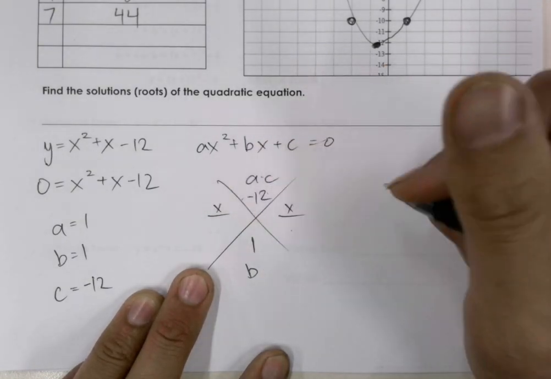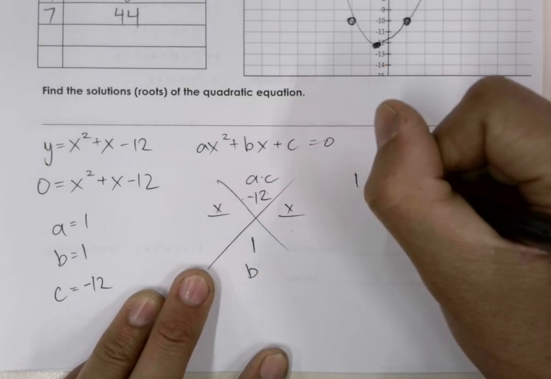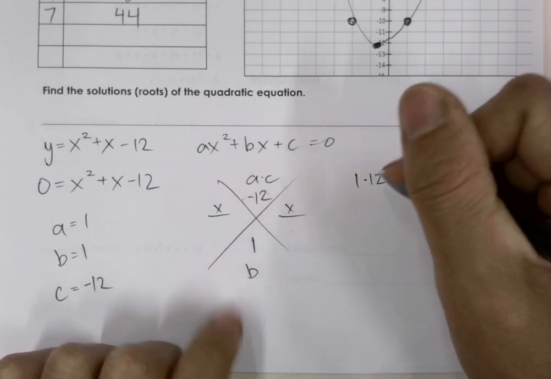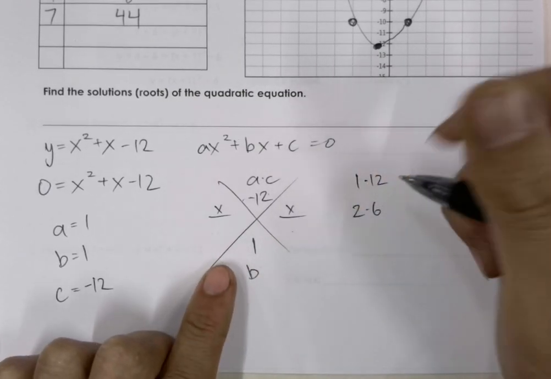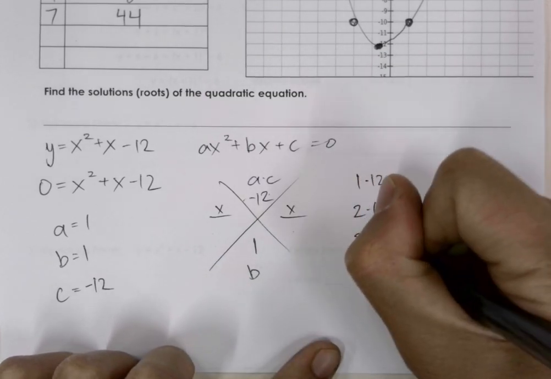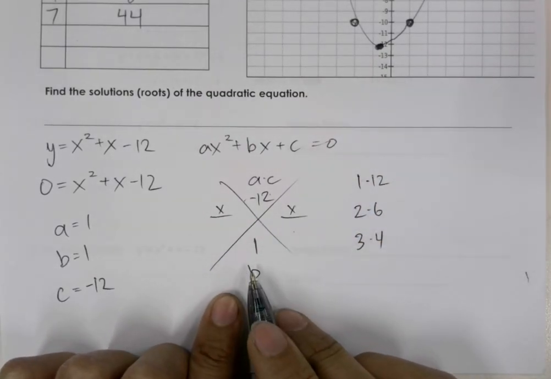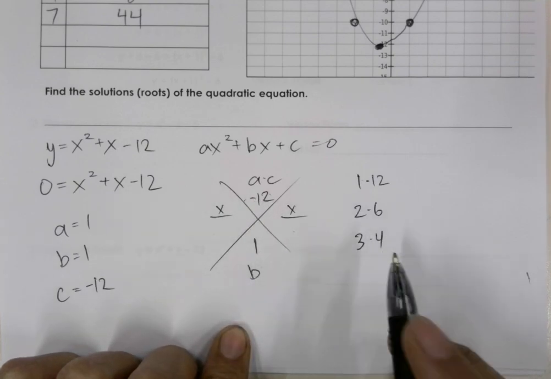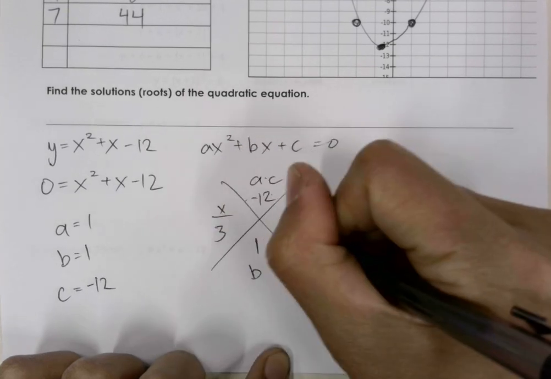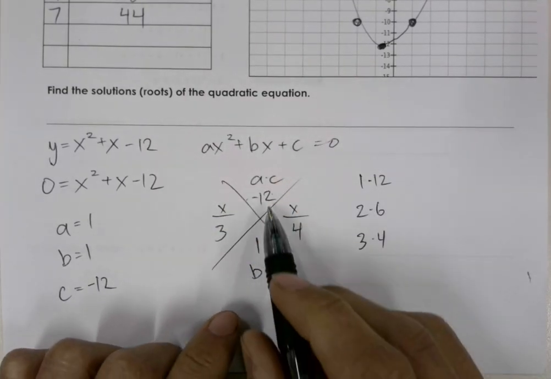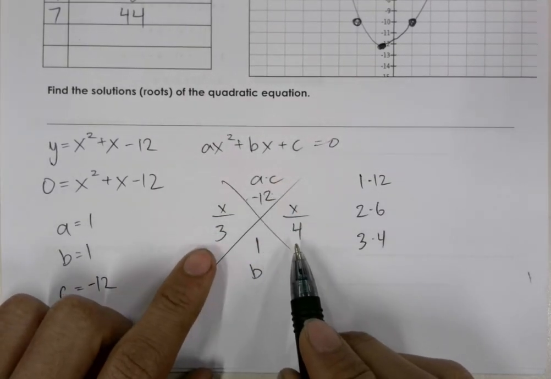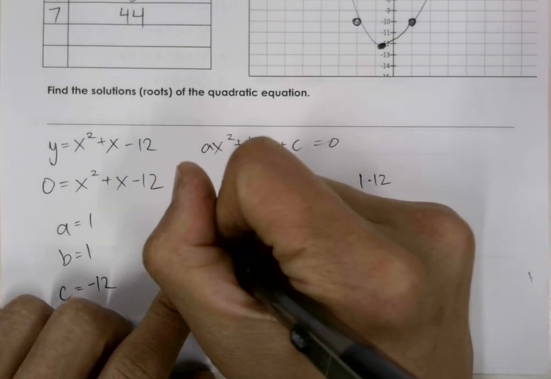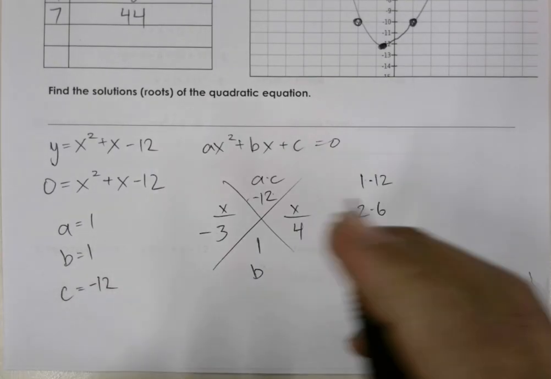We need the factors of 12, so 1 times 12 does not add to 1. 2 times 6 doesn't add to 1. 3 times 4, yes, those can add to 1. Our product is negative, which means one of these factors is going to be negative. Our b is positive, which means our smaller factor is going to be negative. All right, so we found it.